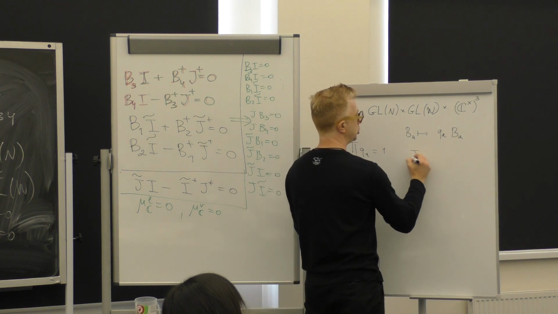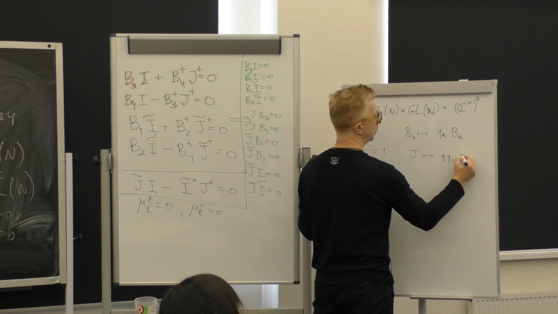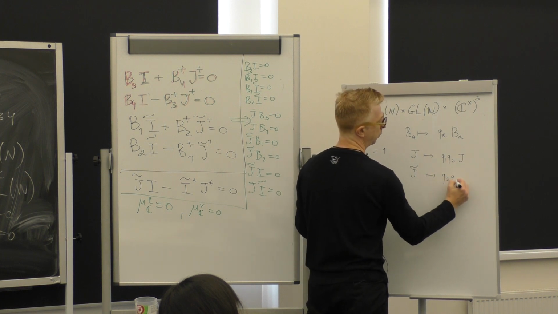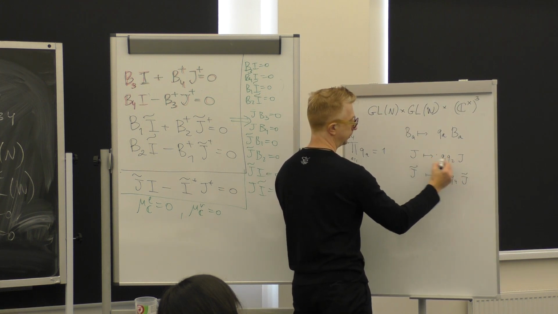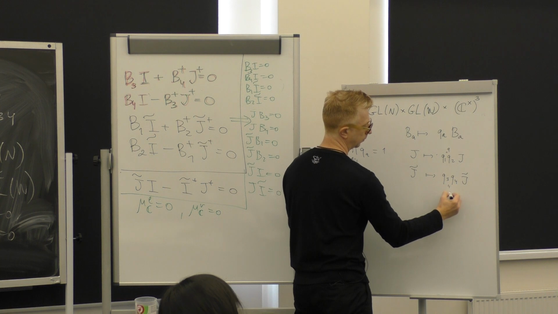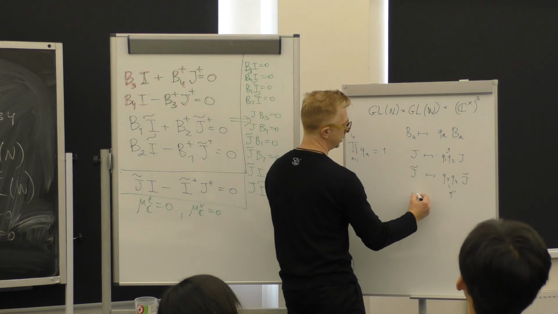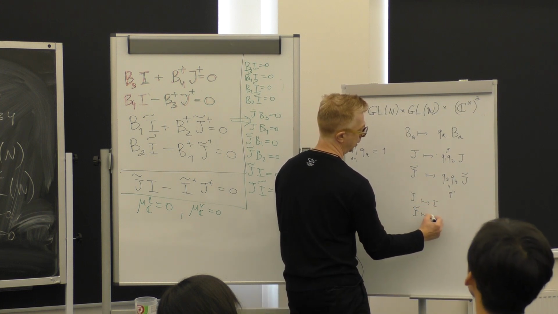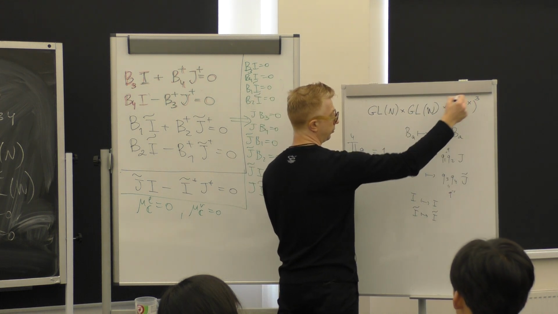And then J is multiplied by Q1, Q2, and J tilde is multiplied by Q3, Q4, which is the inverse of that. And I tilde I don't touch. So this is as far as this symmetry is concerned.